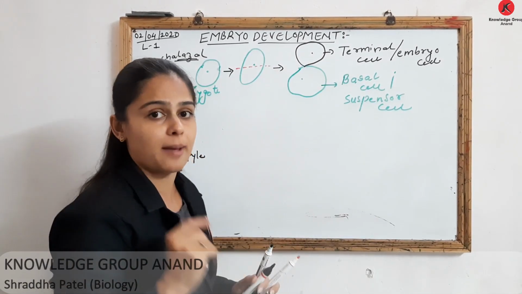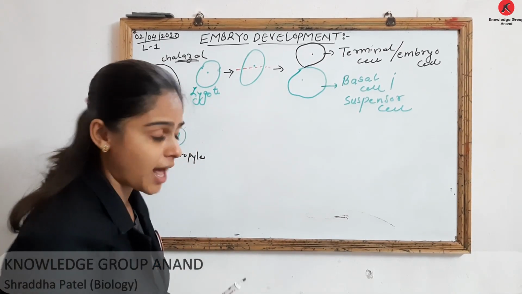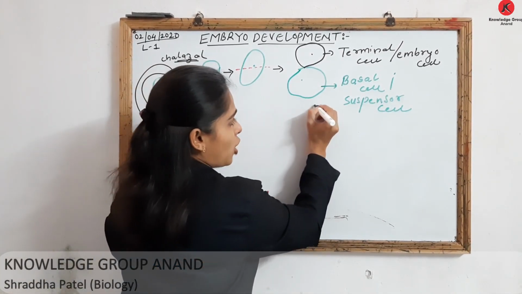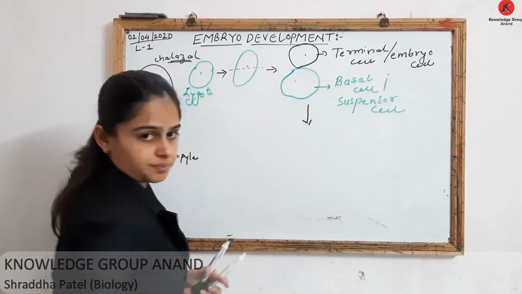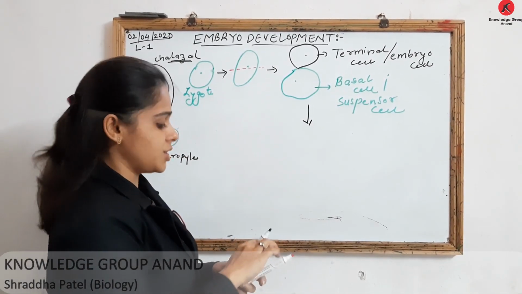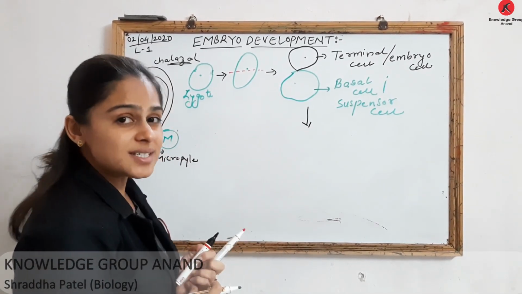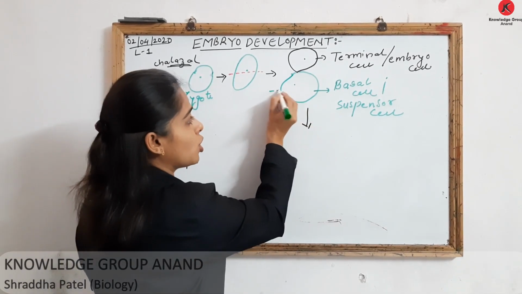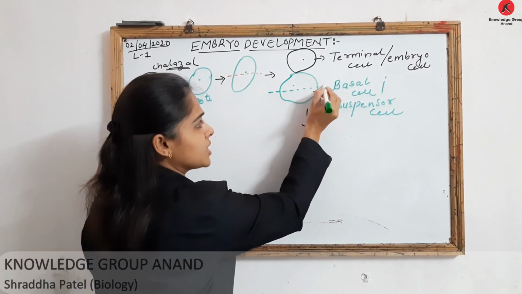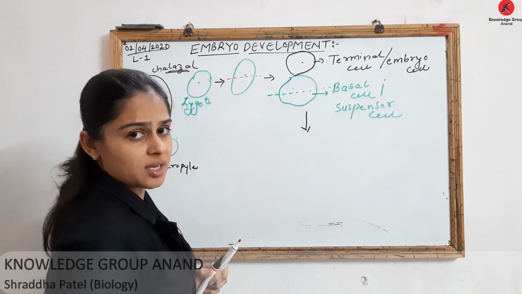Now look carefully at what happens if I am talking about this basal cell. This basal cell undergoes one more transverse division. Can you see?